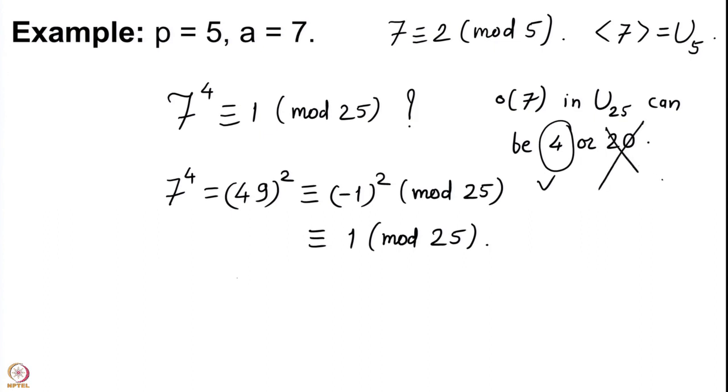And then by the method of proof, we would look at 7 plus 5, which is 12. This has to be a primitive element in U25.